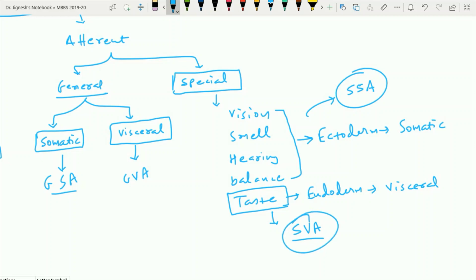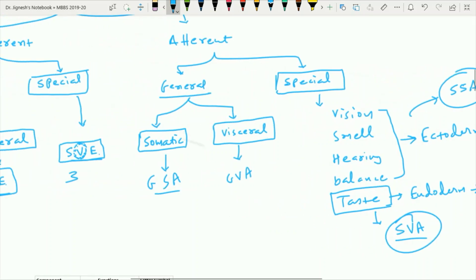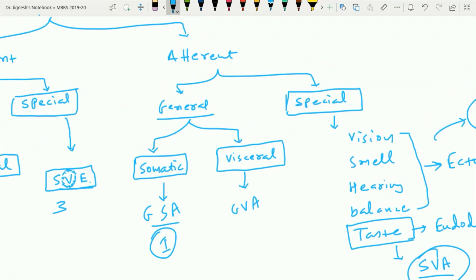So there are four components of the afferent variety. Out of these four, the general somatic afferent is where the fibers carry the general sensation from the body wall or from the joint, and that's why it is called the general somatic afferent component.